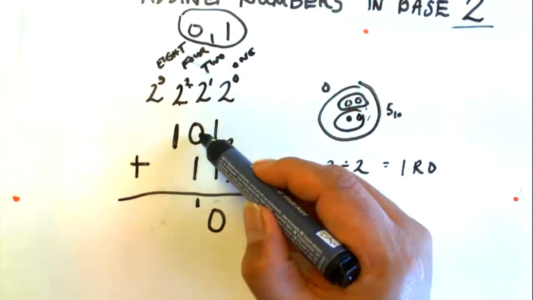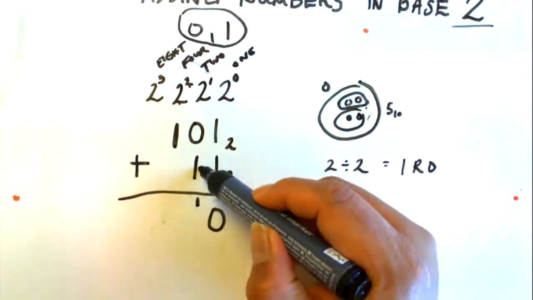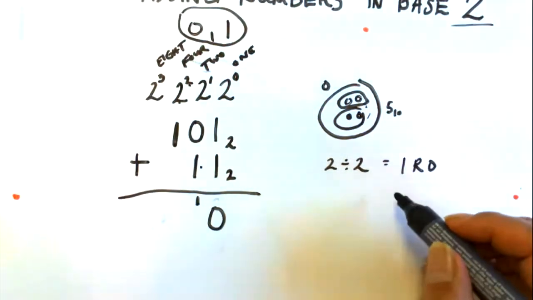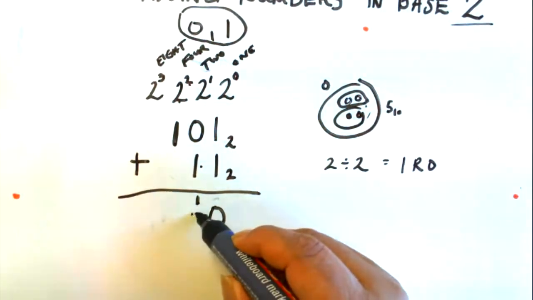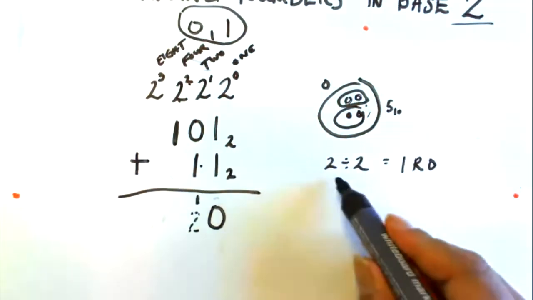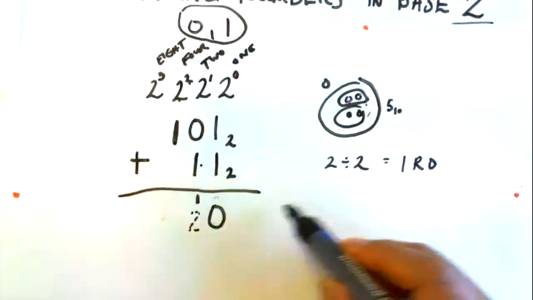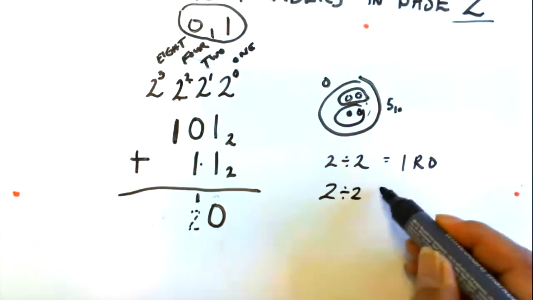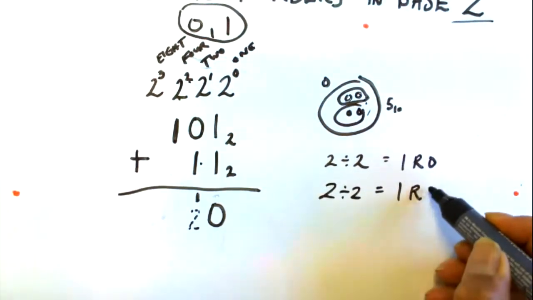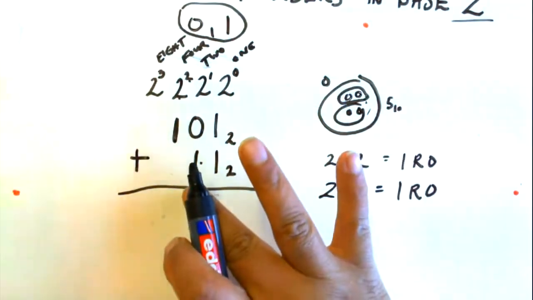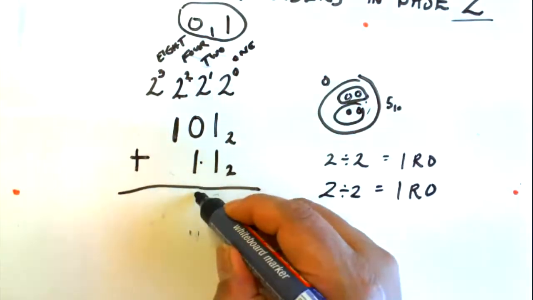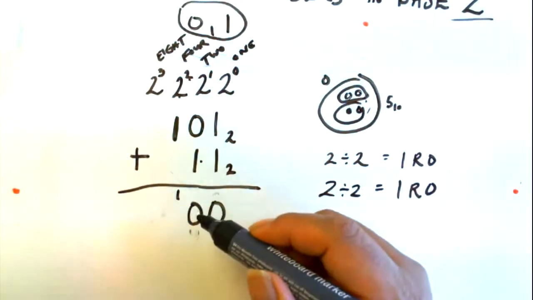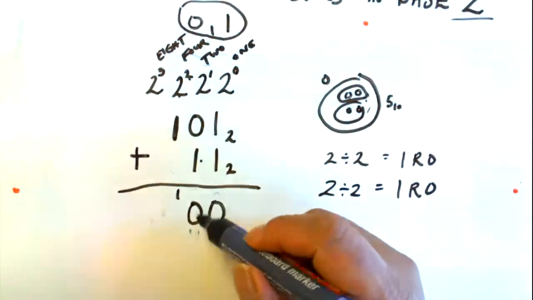It will be 0 plus 1 plus 1, and the answer would be 2 again. We cannot write 2, so we're back here again. How many 2's go into 2? And the answer is 1, remainder 0, which is what we need to put in here. And then we'll continue doing the same thing.